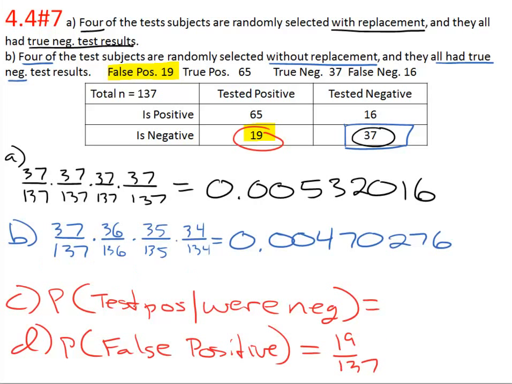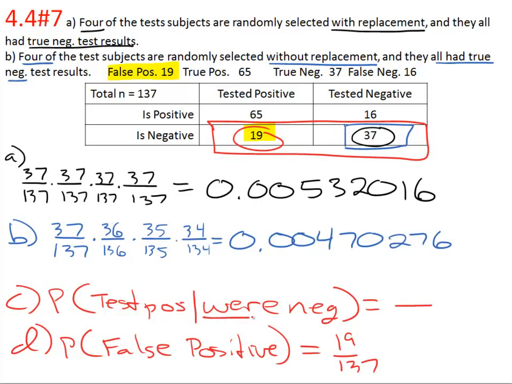This question is quite different because it's saying what's the probability that you get a positive test result given that we know that you don't have it. Now that we're given that you are negative, our total is no longer 137. We're still looking for people who get a positive test result, but instead of looking at all 137 people, we're only looking at those people who have a negative test result.